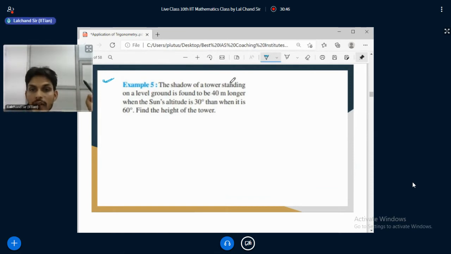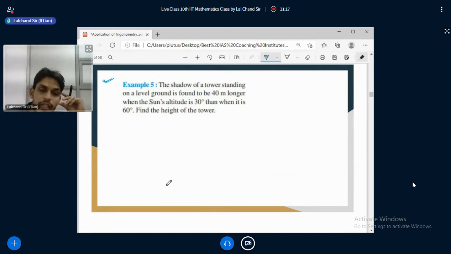The shadow of a tower standing on level ground is found to be 40 meters longer when the sun's altitude is 30 degrees than when it is 60. Find the height of the tower. So can you make a diagram of this question?